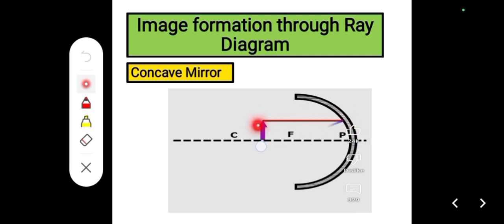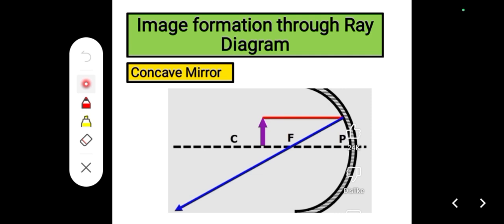That ray of light is coming from the top portion of the object, and it is moving parallel to the principal axis. So that's the first rule. A ray of light passing parallel to the principal axis, when it hits a concave mirror, will be reflected. We expect a reflection once it hits the mirror, and the reflected light, there you go, passes through the focus.